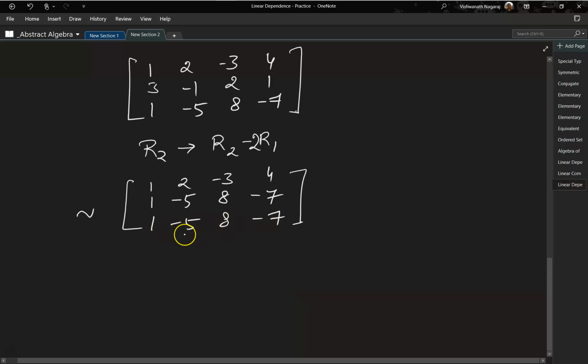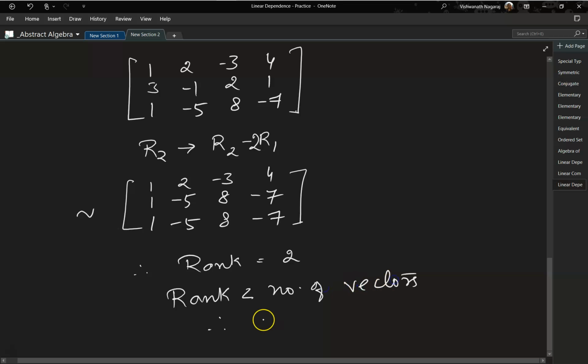So which means we can get rid of the third row by subtracting it from the second row. So that means rank is equal to 2. And since rank is less than the number of vectors, therefore linearly dependent.